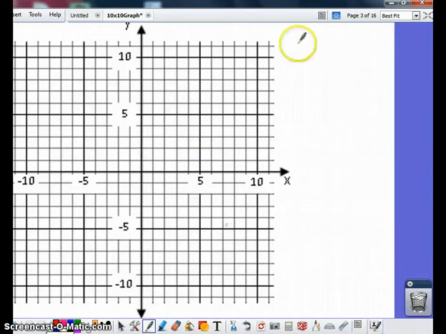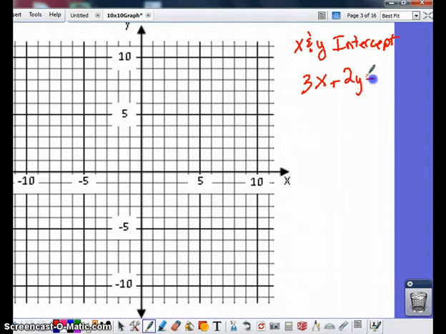Another way of doing it is the x and y intercept method. If I had something like 3x plus 2y equals 12, and I wanted to make an XY chart, but I only want to plug in a specific number.